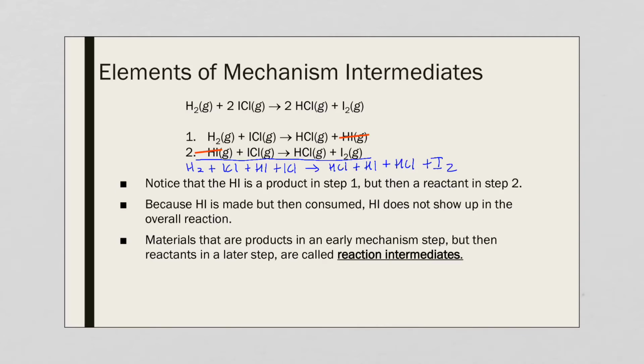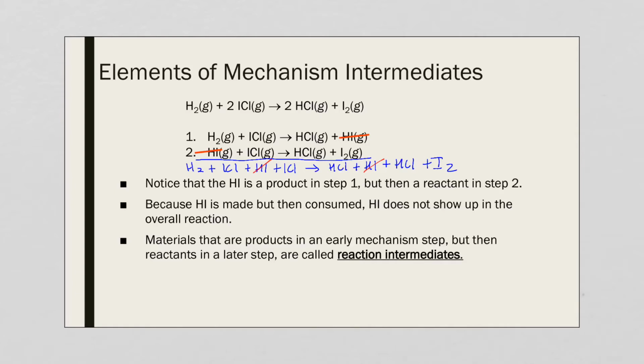Now, if we do some grouping and cancellation, we're not going to show the same species on both the reactant side and the product side. So anything that appears on both sides, we can cancel out. That's going to principally be HI. And we can also do some grouping. The fact that I have 2 molecules of ICl here means I can group them together. 2 HCl I can group together.